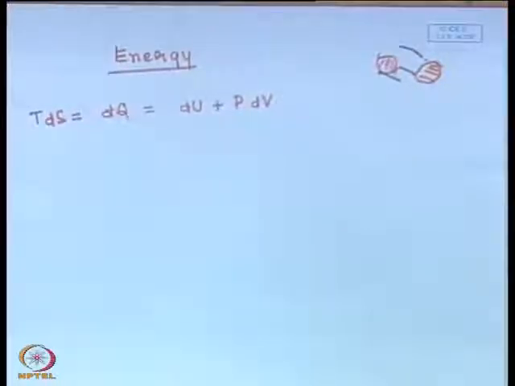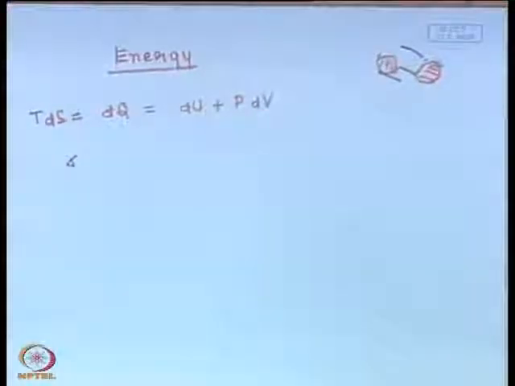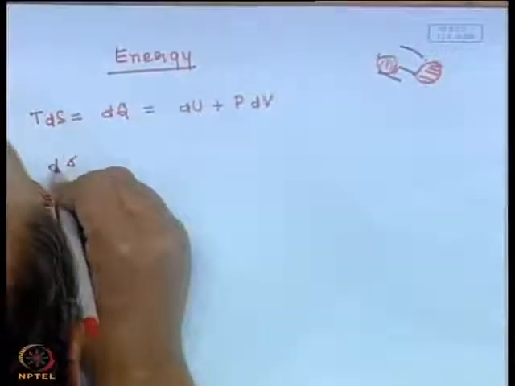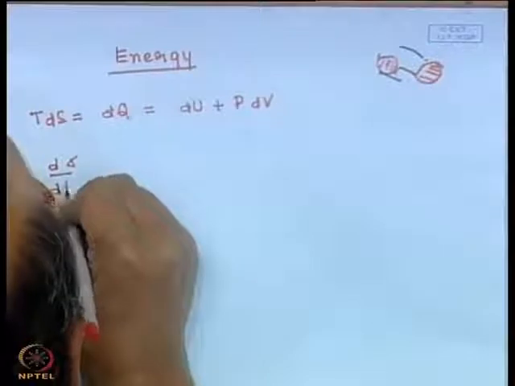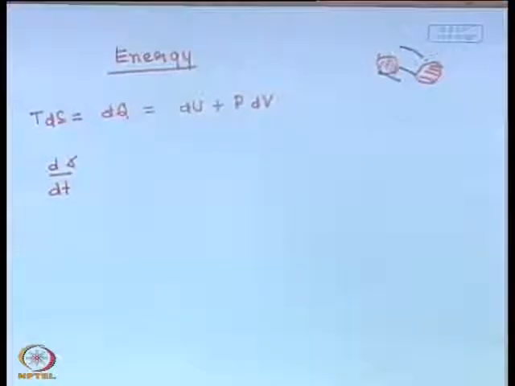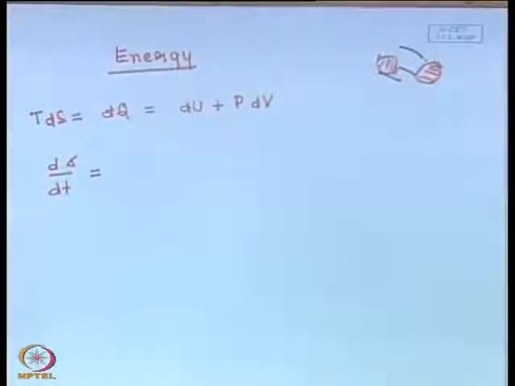Second thing is, let us consider a fluid element of unit mass. So we will work with the entropy per unit mass, sigma, and the rate of change of entropy per unit mass. So my system has unit mass.